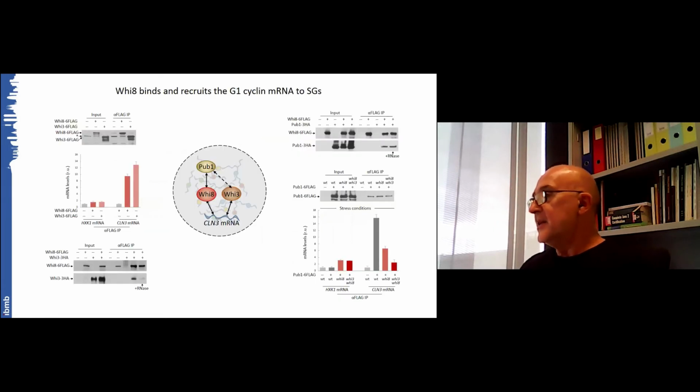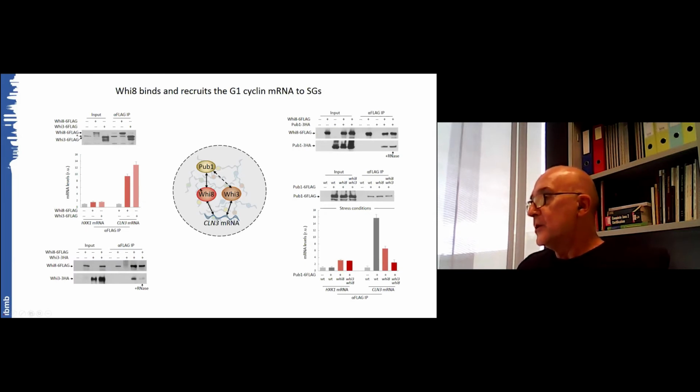The first thing that we did was to characterize the interaction between V8 and the CLIN3 mRNA, because if V8 had RNA binding domains, could it be possible that it bound CLIN3? And that was the case. I'm not going into detail into the data because I'd like to spend some more time at the end on the fact that we are able to show that this is a bistable system.